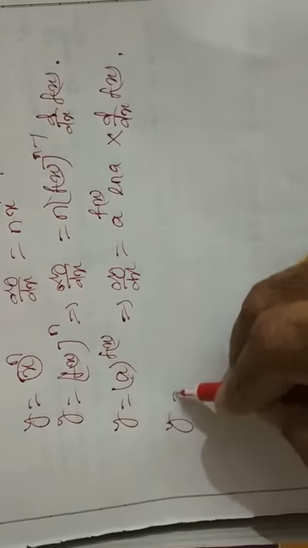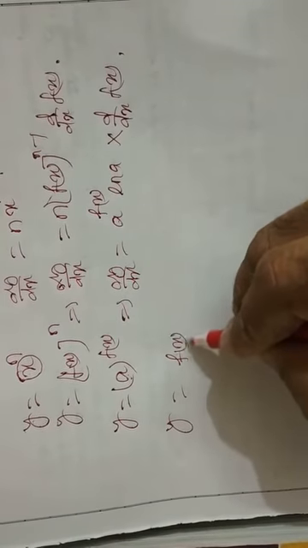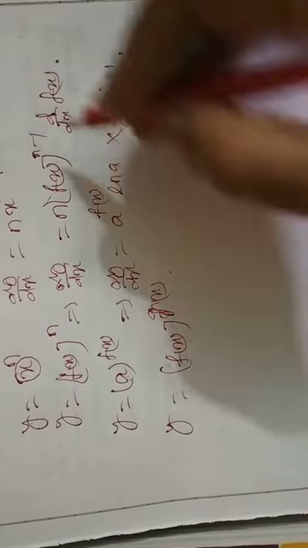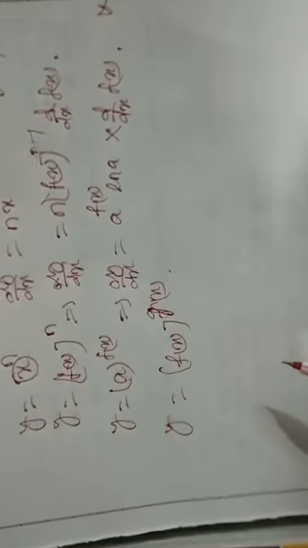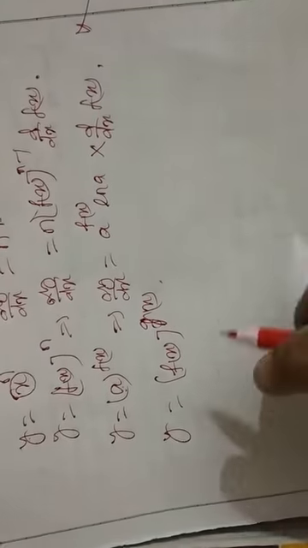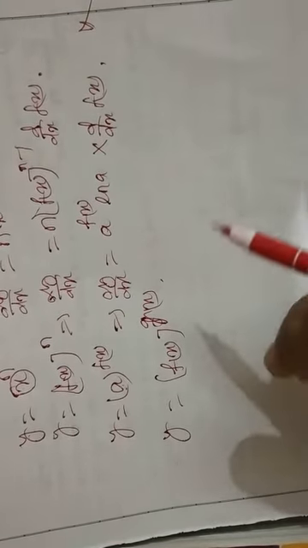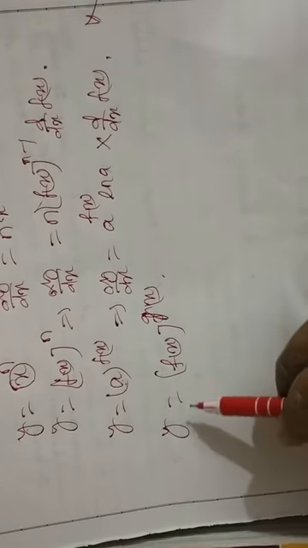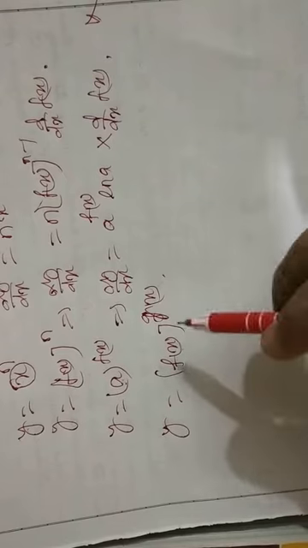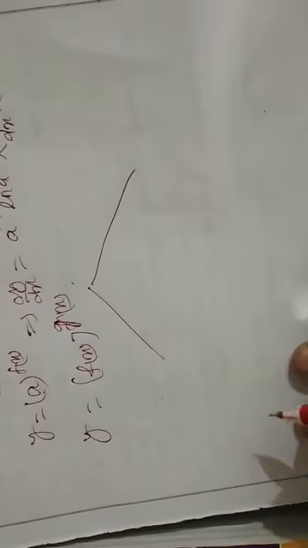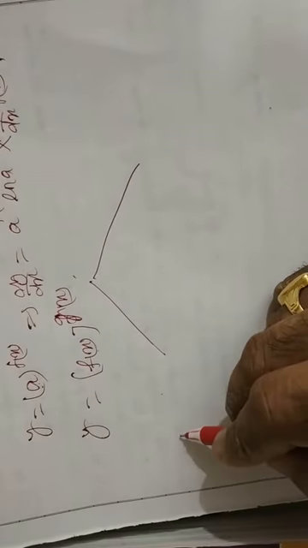But when y becomes a function power function, in that situation these two rules will not work. In that situation we shall use logarithm to do the differentiation. So that is what we call logarithmic differentiation. So y is f(x) power g(x). In that situation I can proceed in two ways. Number one, take log on both sides.